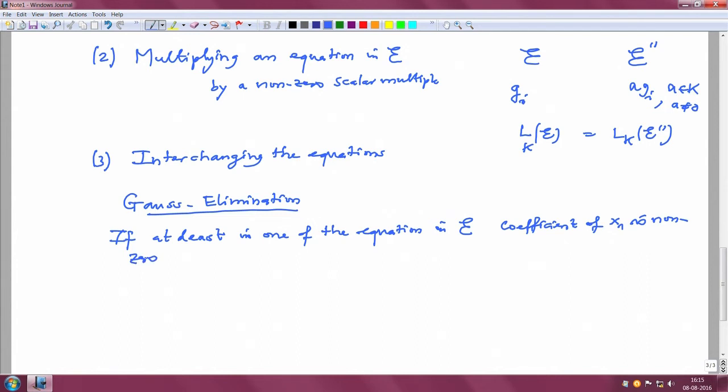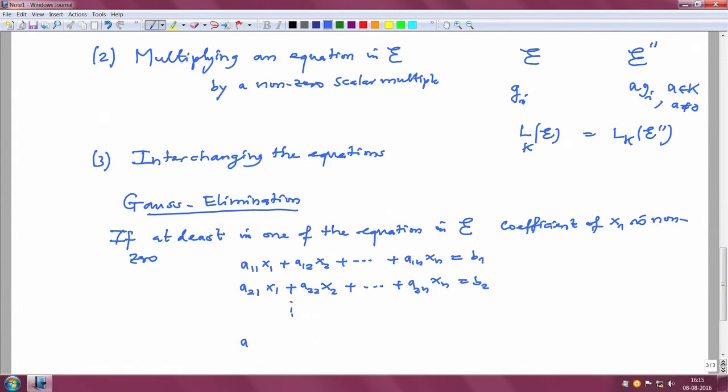So, let me write down the equations in E, that is a11 x1 plus a12 x2 plus ... plus a1n xn equal to b1. Second, a21 x1 plus a22 x2 plus ... plus a2n xn equal to b2, and so on.